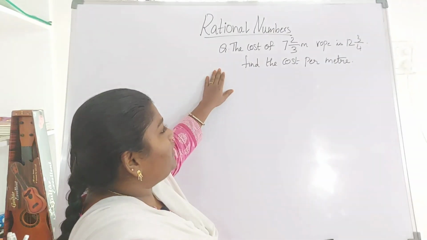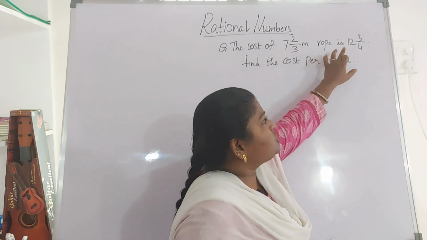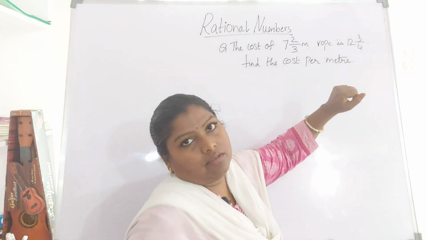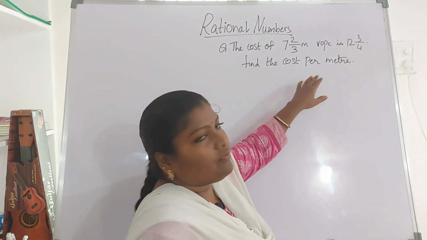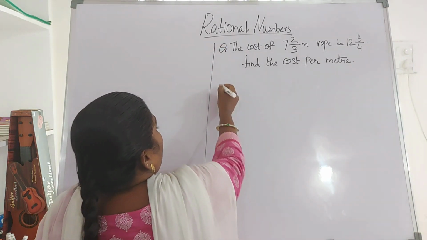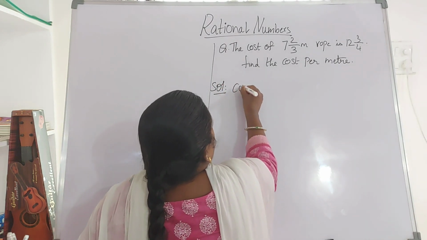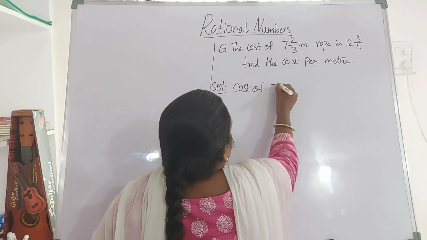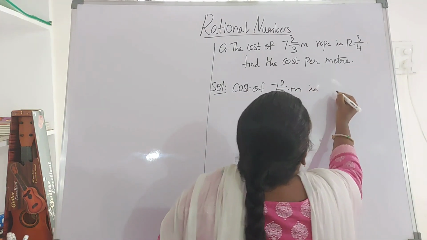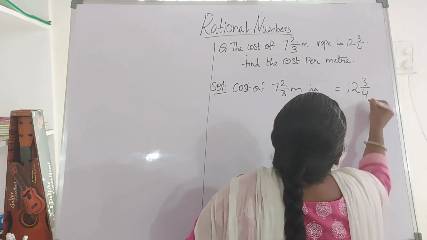Now this is the next problem I have taken. The cost of 7 2 by 3 meter rope is 12 3 by 4. Find the cost per meter. So you have to find the cost of 1 meter. Now the cost of 7 2 by 3 meters is 12 3 by 4.